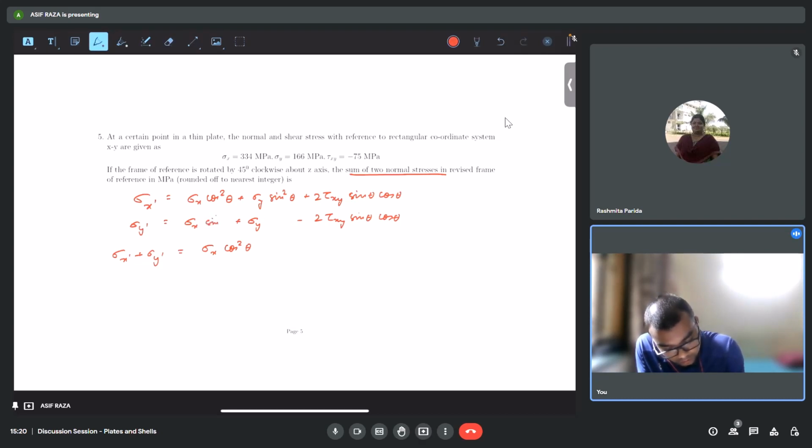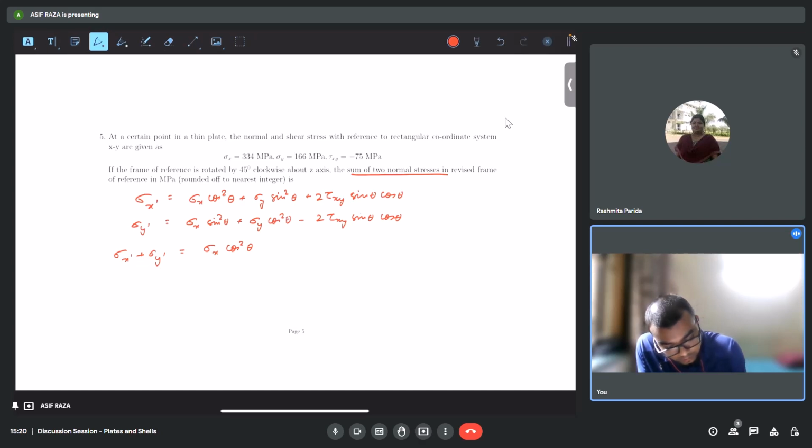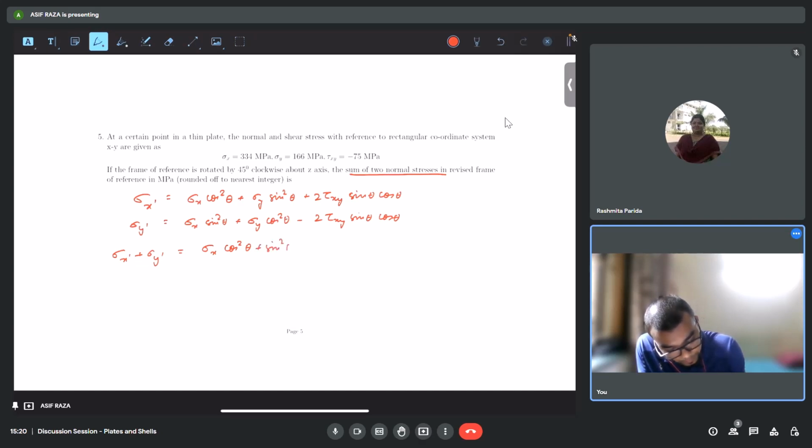This is sin square theta plus cos square theta, so this will be equal to sigma x plus sigma y. We have 334 plus 166. This gives me 500 MPa. So this is my answer.